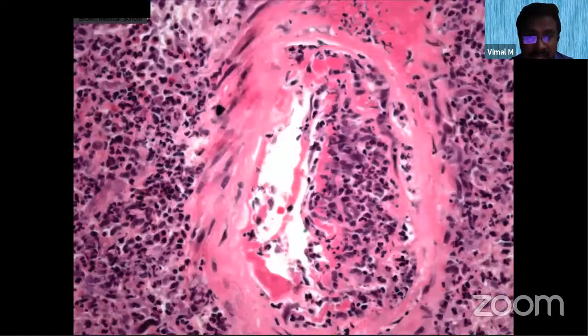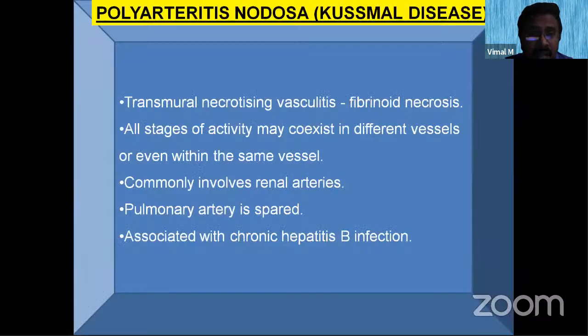What does that mean? In acute inflammation, you will mostly get neutrophilic infiltrates around the vessels, and sometimes chronic inflammation may be there in the same vessel, with lymphocytes. So in the acute stage you get neutrophils, and in the chronic stage you get lymphocytes.